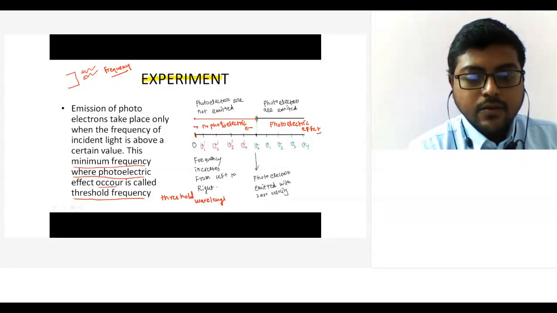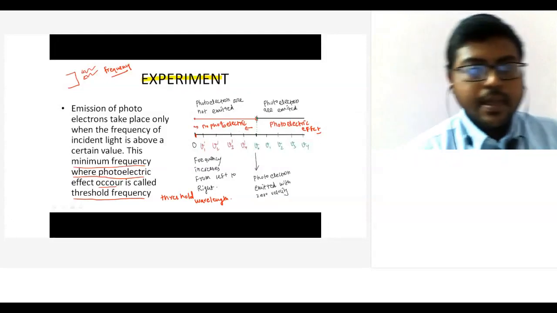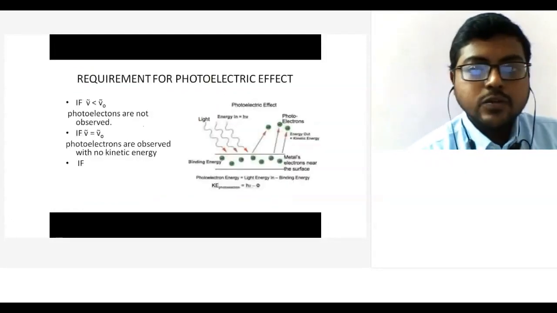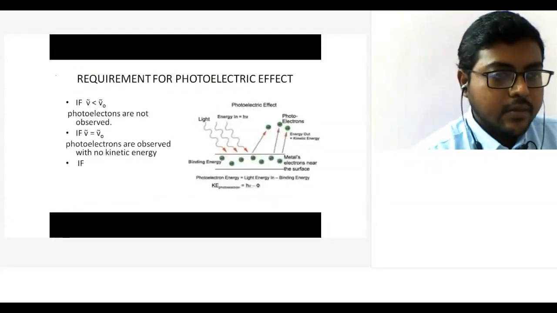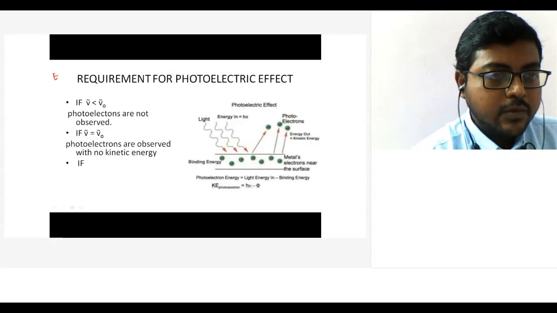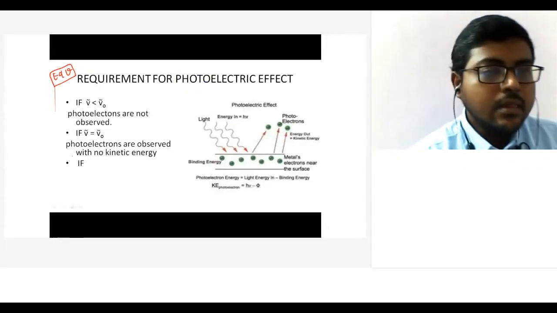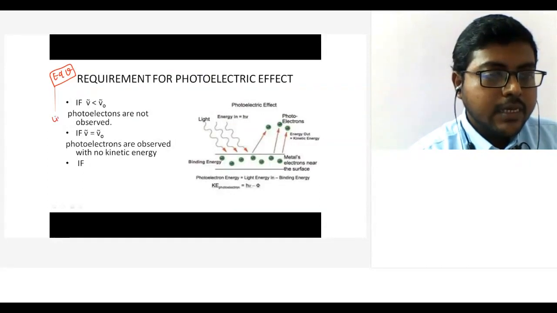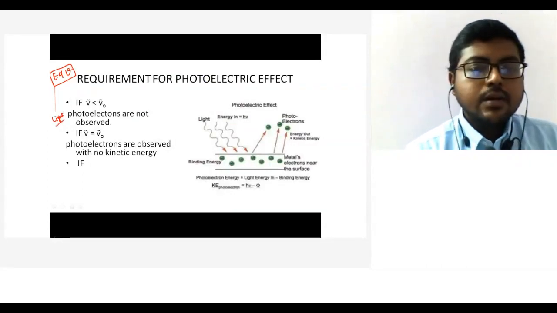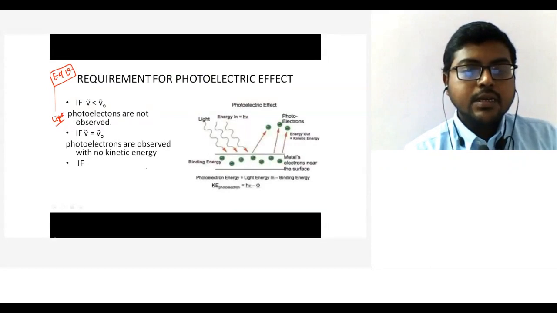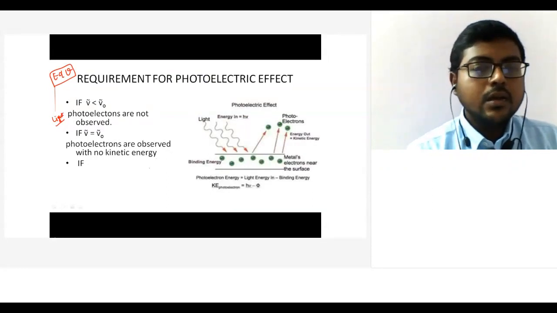So as we know, the energy of light is proportional to the frequency. So we can say that the light incident on the metal must have a certain frequency to eject the electrons.